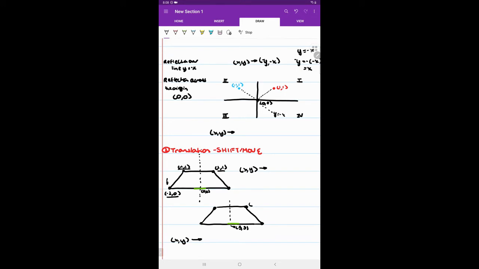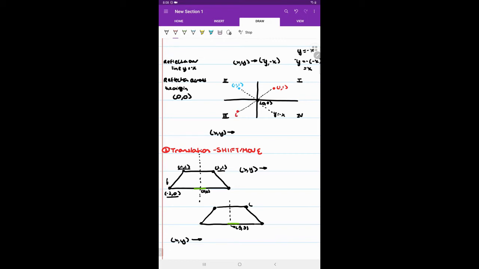That actually, the line is y equals negative x. Because I'm going into the origin by the shortest distance to the origin, and then I'm going that same distance out in the opposite direction. And the reflected point would be in quadrant 3.